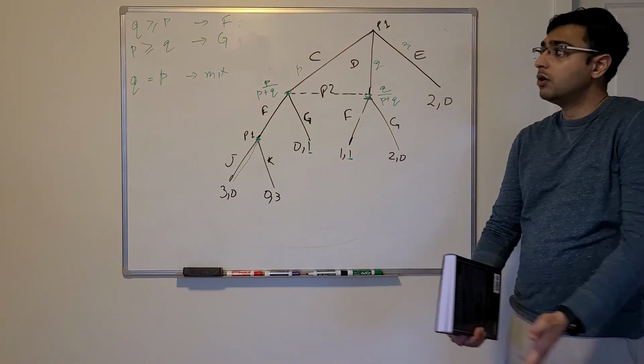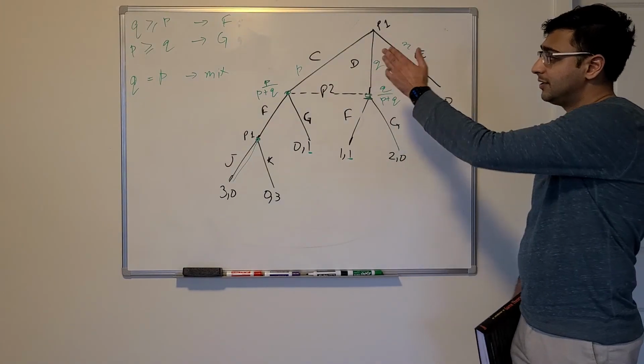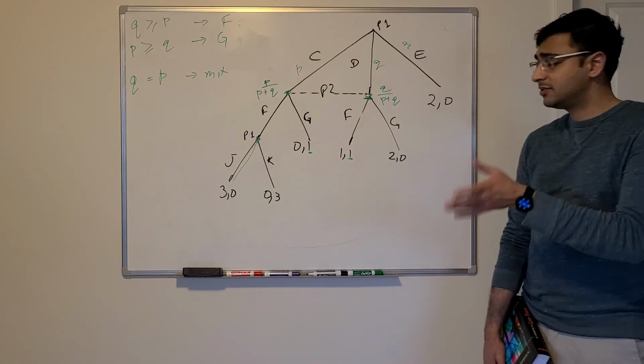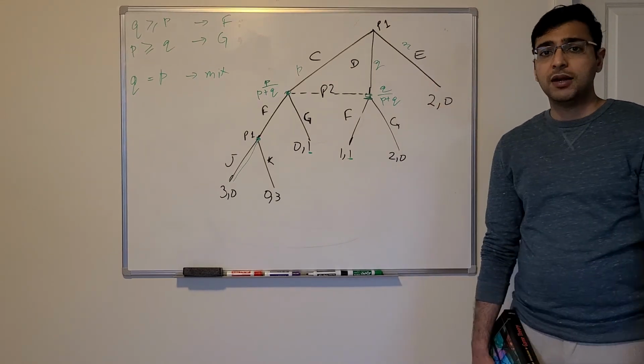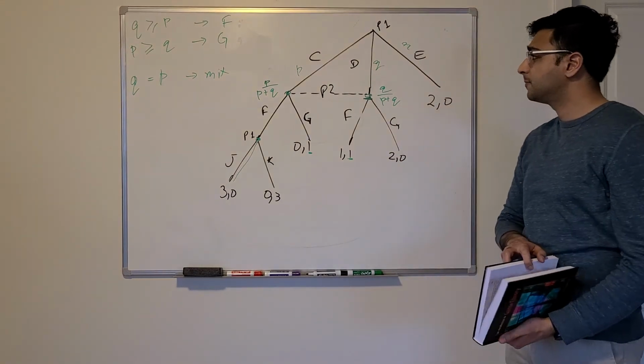And so we have no equilibrium in which C and D, or separately C or D, are played with positive probability.